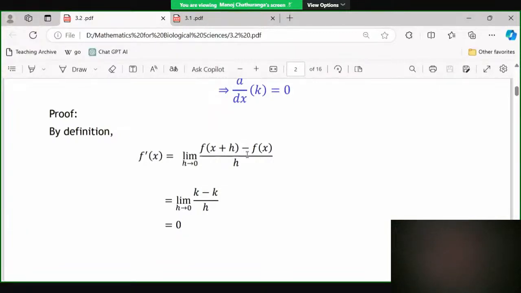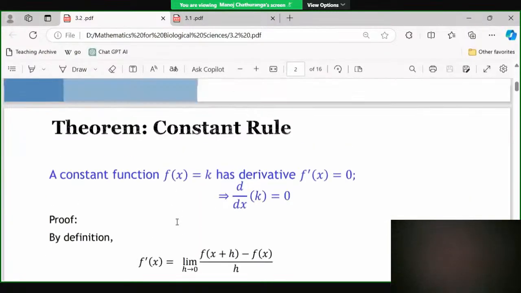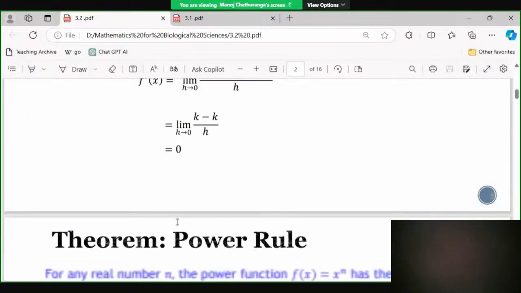For every x value you have, f of x is the same. Here, that constant is k. So k minus k is 0. So even before you take the limit, you get 0. So the derivative of any constant function is 0.